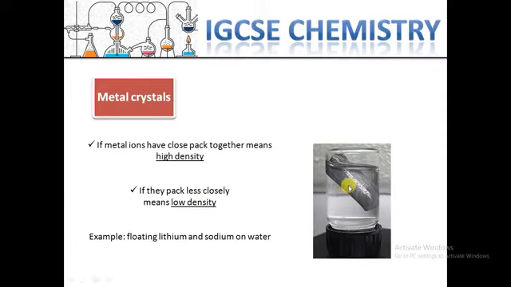Lithium and sodium ions are not closely packed to each other, so they are lighter metals, and as you can see in the picture, they will float on the water.